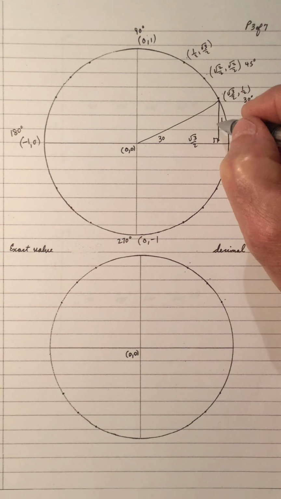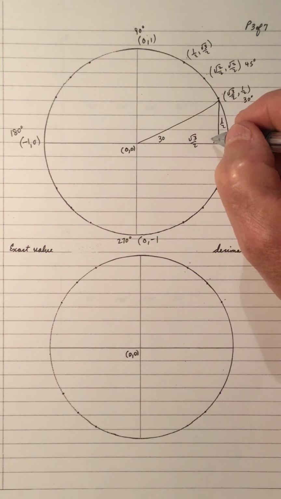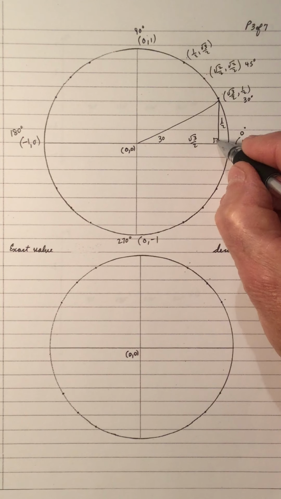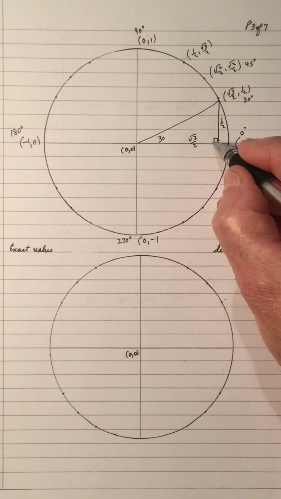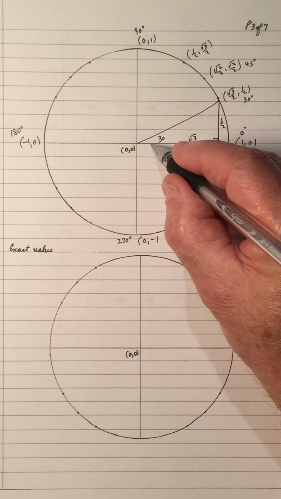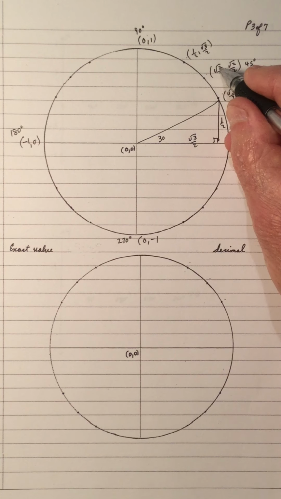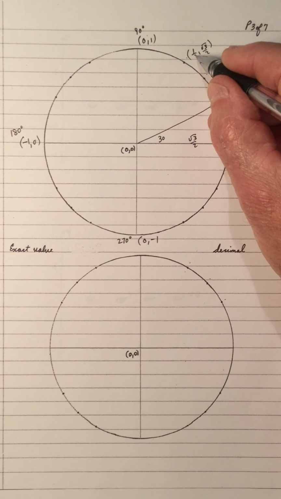And notice as you go up, the y is getting bigger, and the x is going this way. If you draw this triangle, the x is getting smaller. So this is root 3 over 2, this is root 2 over 2, this is 1/2.